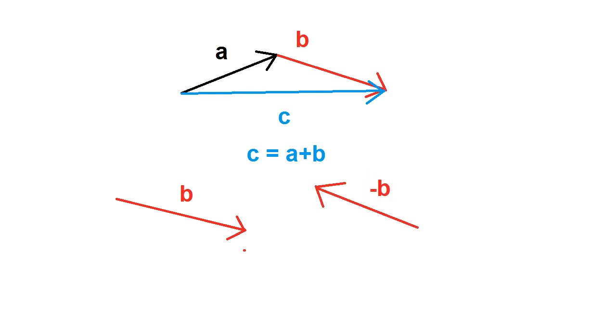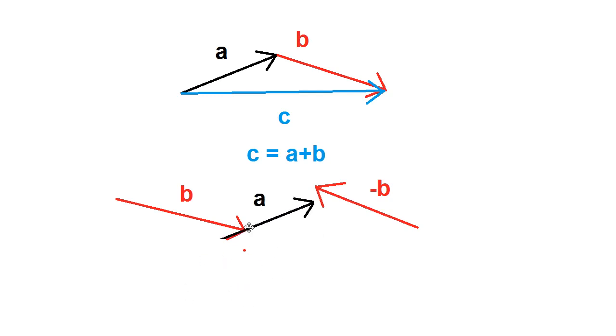So if my goal was to do, for example, vector a minus vector b, I could instead do this by taking vector a. So let's grab vector a here. Get rid of this blue tail.